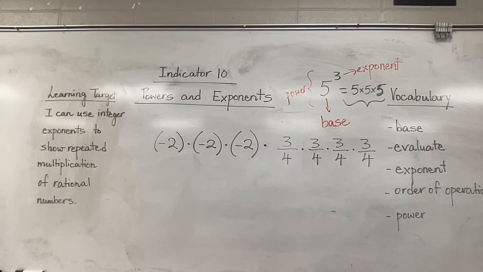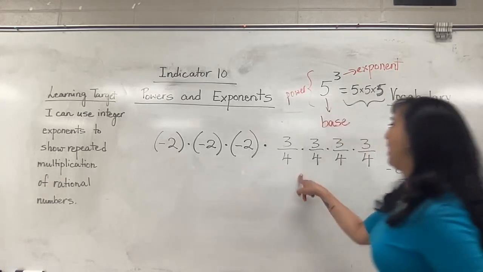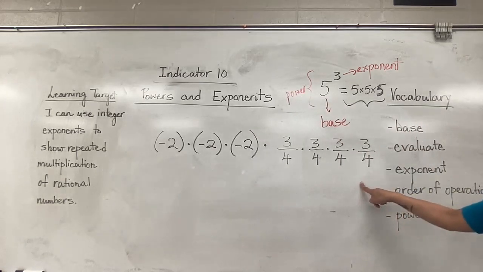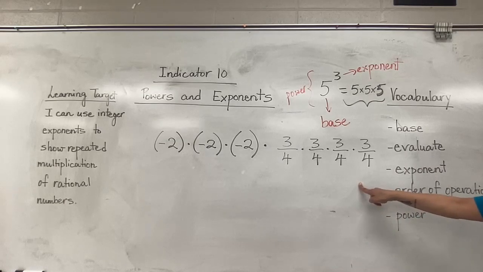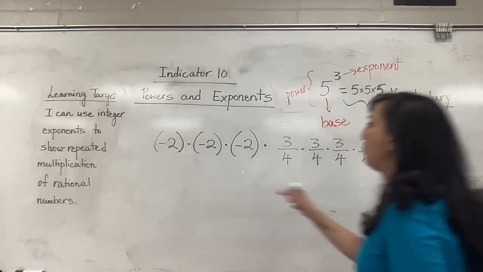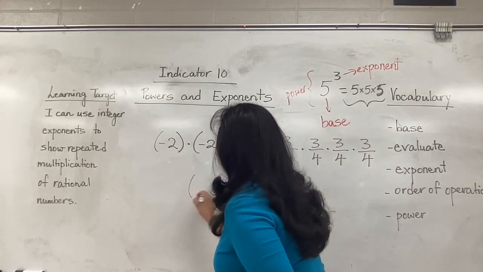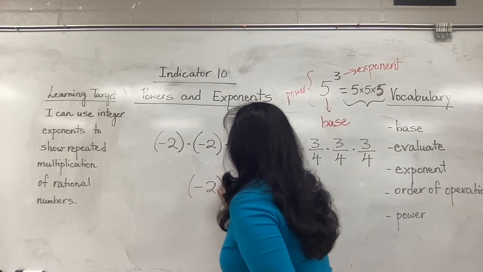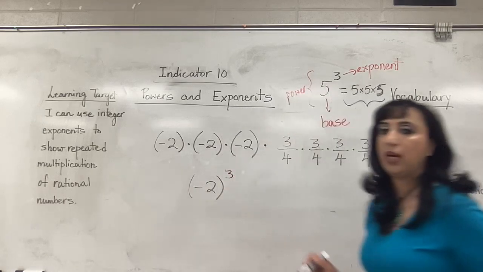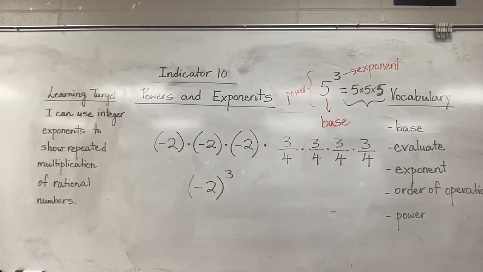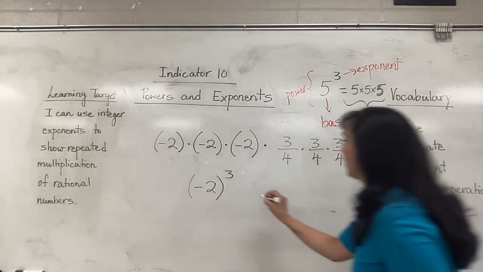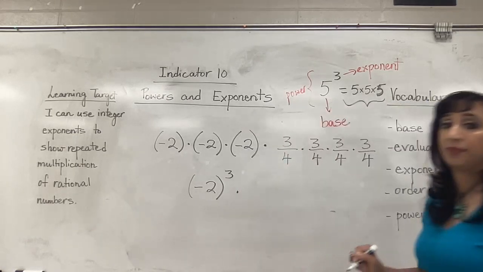So first thing I need to look at is what are the repeated factors, and I can see that the repeated factors are -2 and 3/4. If I'm going to write this with an exponent, how many -2's do I have? 1, 2, 3. So I am going to write it like this: -2 cubed, because there are 3 of them, times.